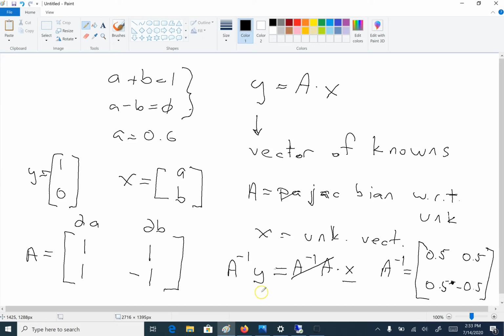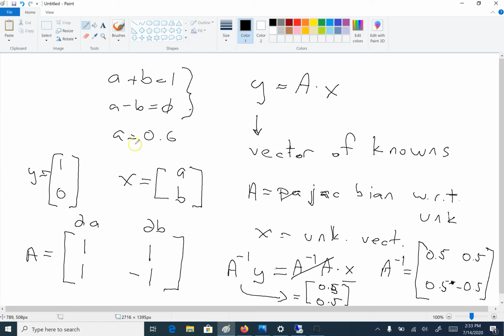And then A inverse times y is going to be equal to 0.5 and 0.5. So we got the same solution as solving it algebraically. We got the same solution with a matrix setup as we did algebraically.